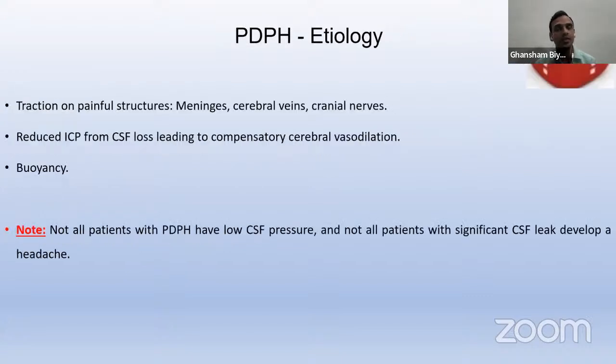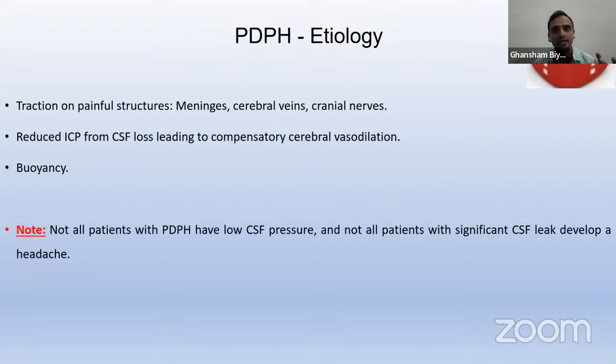So talking about the etiology, I'm sure most of you have read this, why PDPH happens. We all understand there is about 150 ml of CSF present in the body. 75 ml is present intracranially and 75 ml is present extracranially. So whenever there is a loss of CSF because of the dural hole which we have created, the lower part of the brain starts sagging.